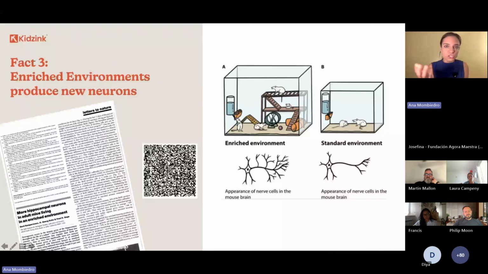If you've been to my lectures and my conferences, I've been speaking about this for many years, how this has been studied in mice. But now we're making an effort to bring this theory into learning spaces for humans. And this is what we're sharing, and this is the core of our research at Kidzink.